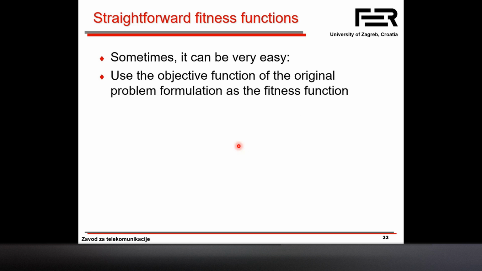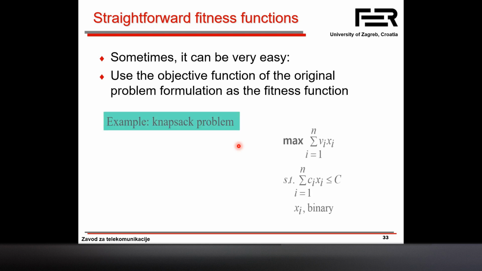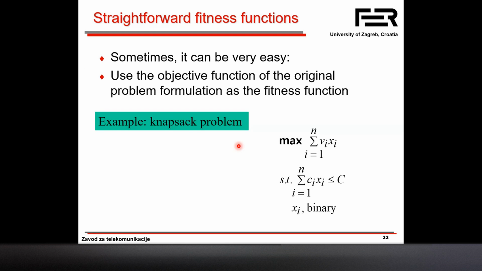On the one hand, we may have a straightforward fitness function, which says that the objective function also corresponds to the fitness function. For example, let's say we have the knapsack problem. Each element has a certain value and a certain cost. We're trying to maximize the value subject to these cost or weight constraints.